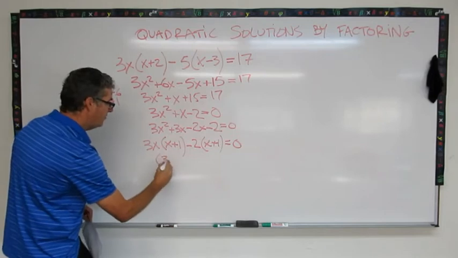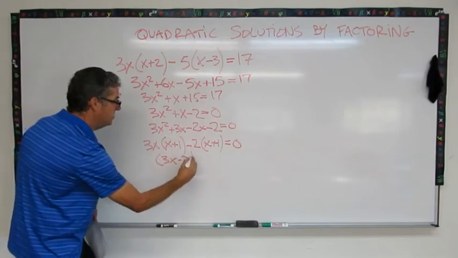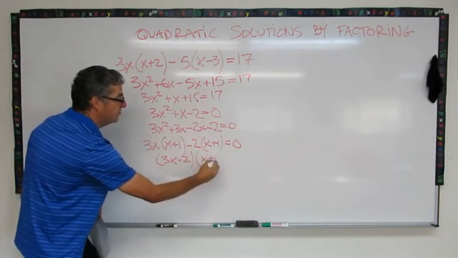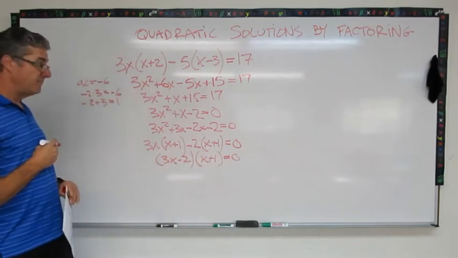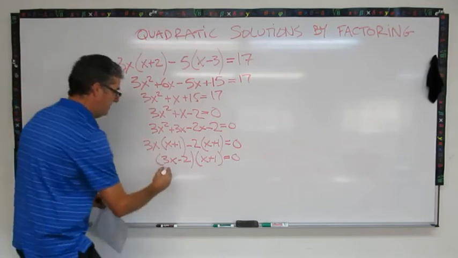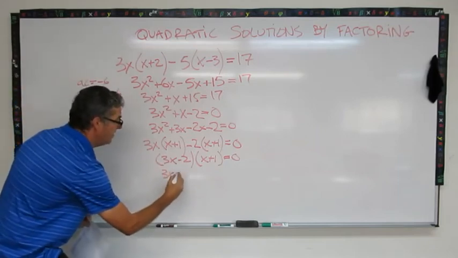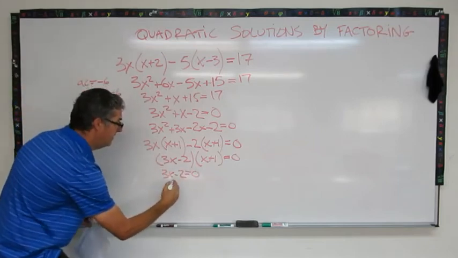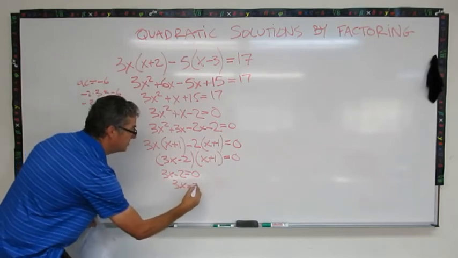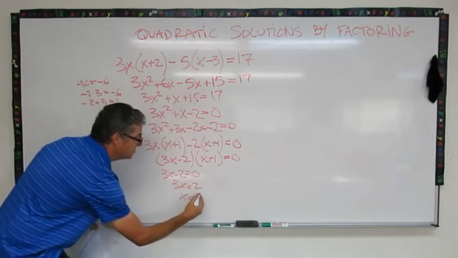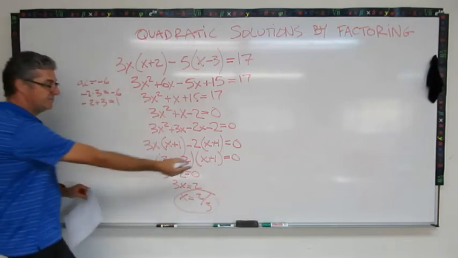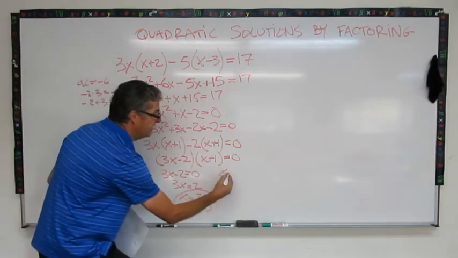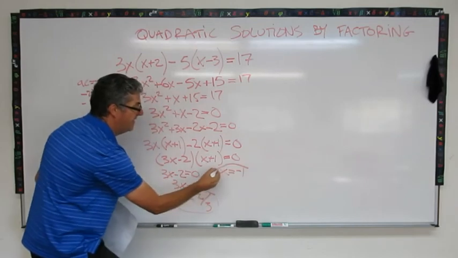I get 3x minus 2 times x plus 1 equals 0. Okay? So now I'm ready to branch and solve. This becomes 3x minus 2 equals 0. 3x equals 2. X equals 2/3. It's my first solution. This one's pretty simple. We're just going to do x equals negative 1.